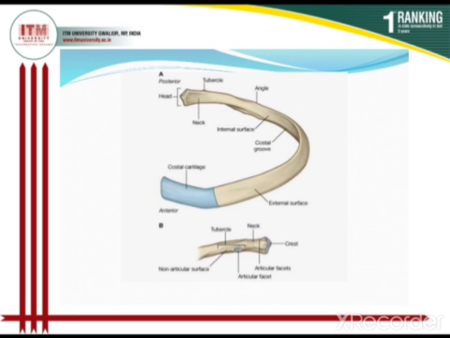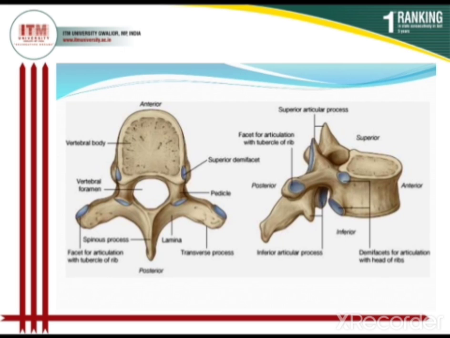The same thing is there, in a different view. And now there are the vertebral bodies and the attachments. These are the thoracic vertebrae, basically T1 to T12.